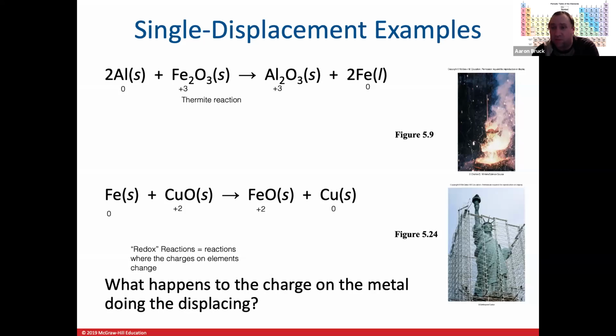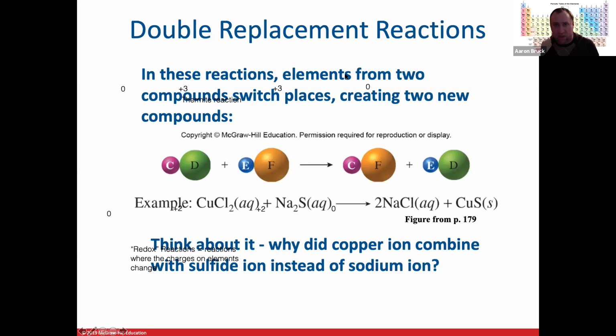And so in single replacement reactions in particular, we see high evidence of that redox character, where we see that the charges are definitely changing. The metal that is inserting itself is getting more positive. The metal that is getting kicked out is becoming more negative. So that's single replacement reactions.